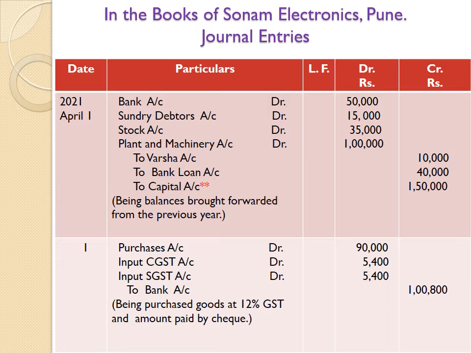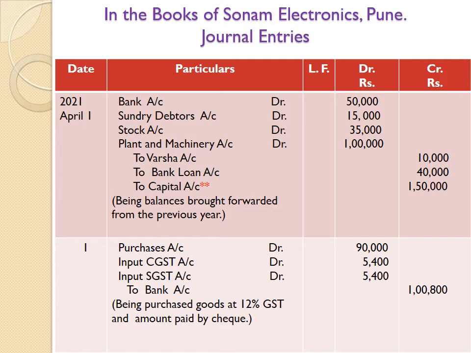The total of debit items is 2 lakh minus 10,000 and 40,000, that comes to 1,50,000. The difference is termed as capital. So Varsha account 10,000, bank loan account 40,000, capital account 1,50,000, being balances brought forward from the previous year.